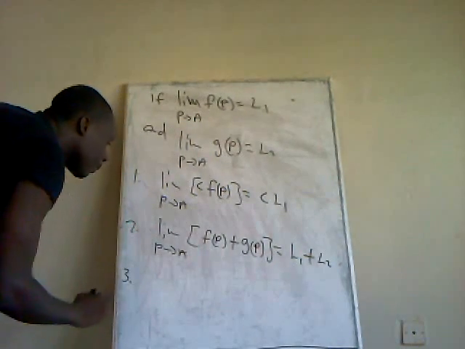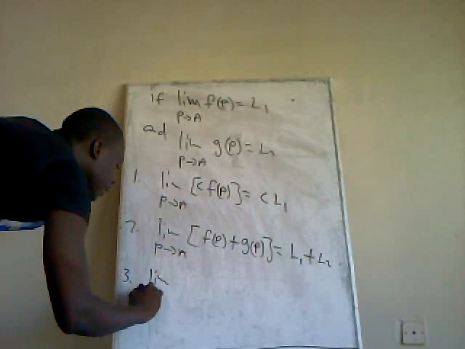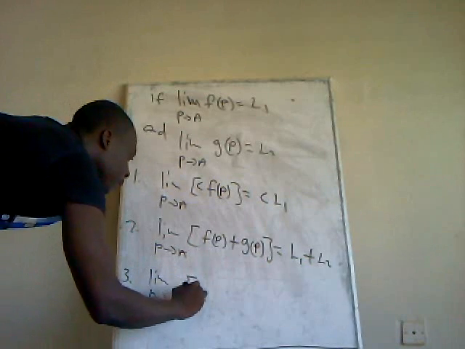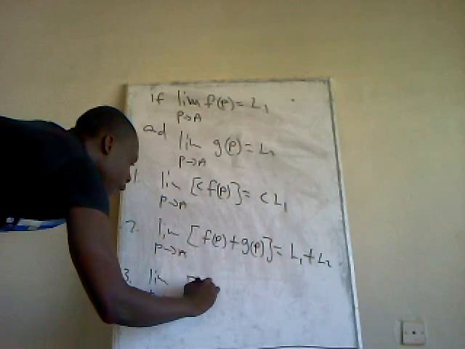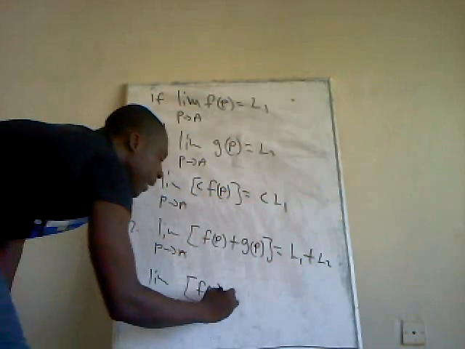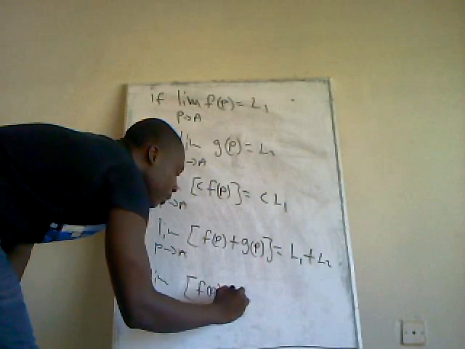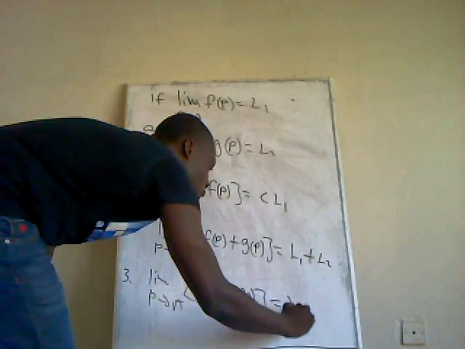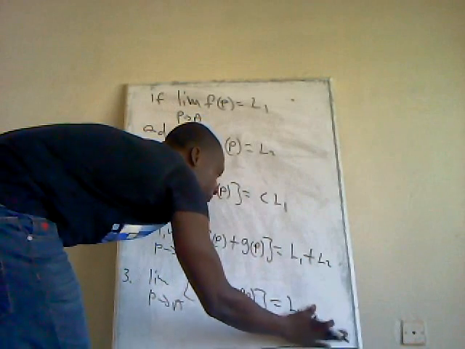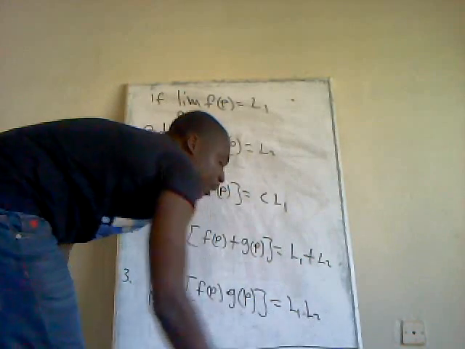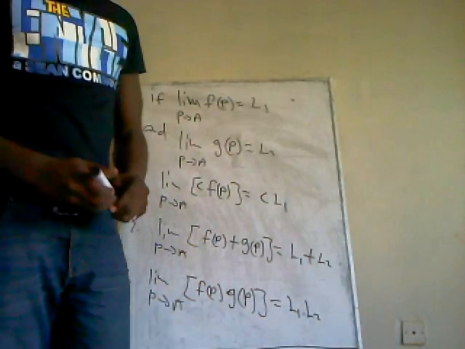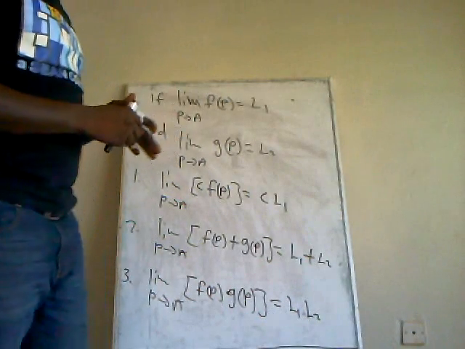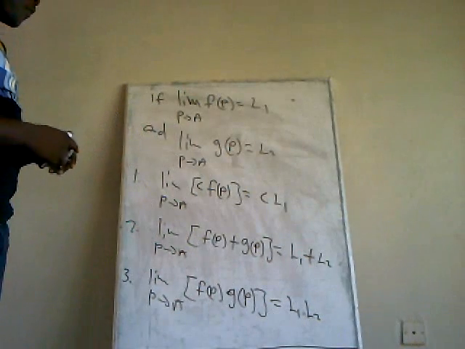And next, the limit of f of P multiplied by g of P is equal to L1 multiplied by L2. So these are some properties of limits.